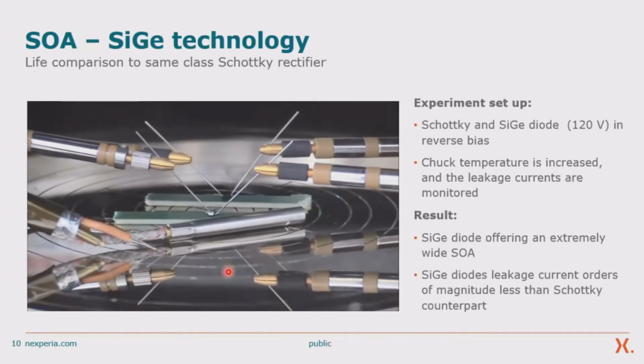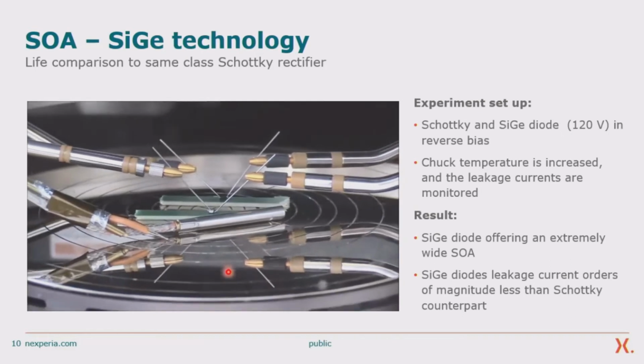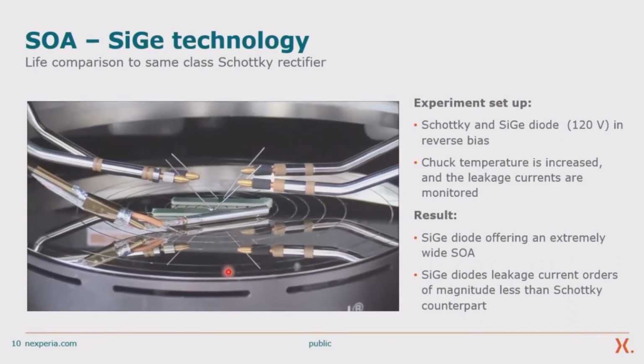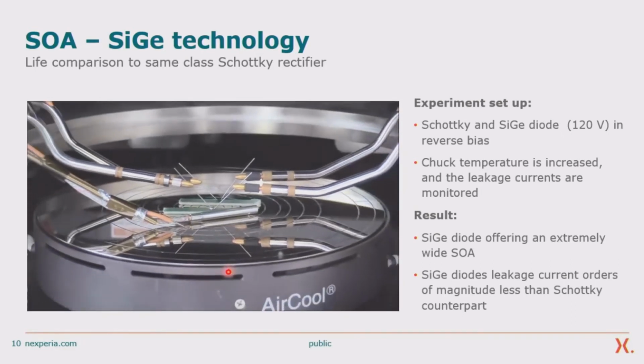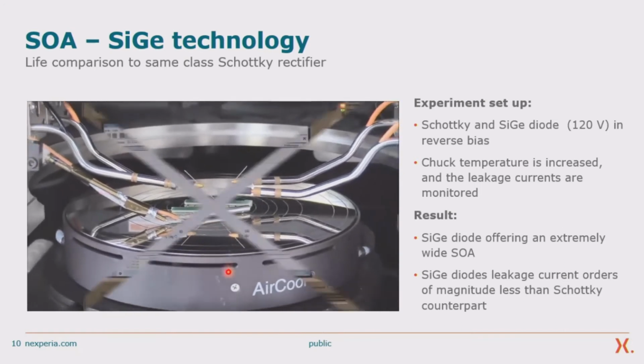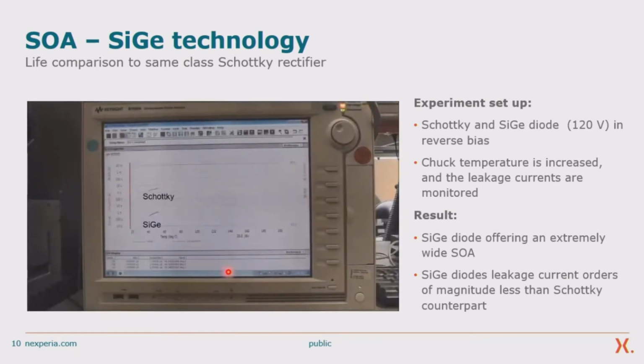So we have put 2 products with comparable electrical specifications on a thermal chuck. The 2 devices, one silicon germanium, one planar Schottky, are biased in reverse, and we monitor their leakage currents while we heat up the thermal chuck.